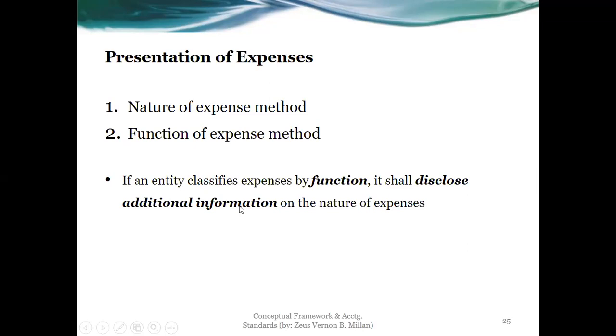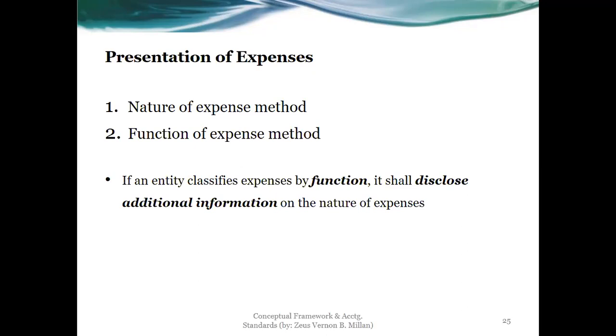So selling expenses, for the items involving the cost or expenses related to sales. Then administrative, also known as general administrative expenses. These items are expenses related to the general administration of the business.